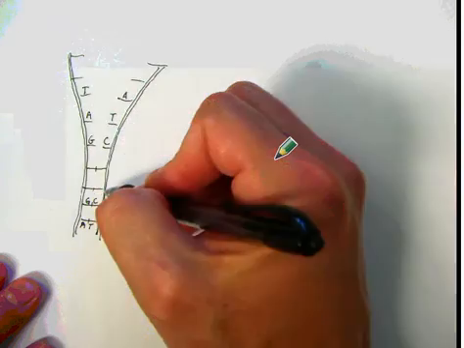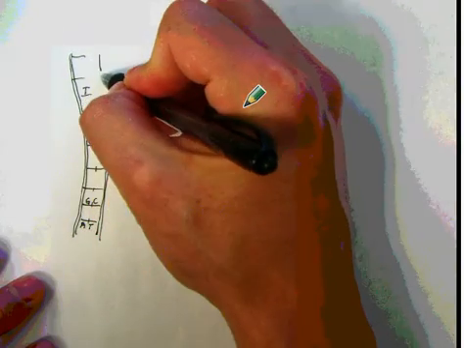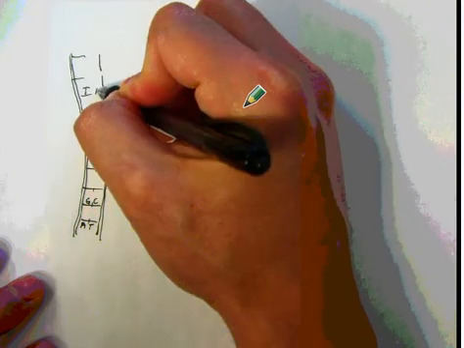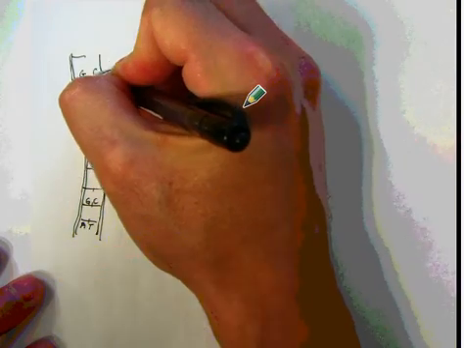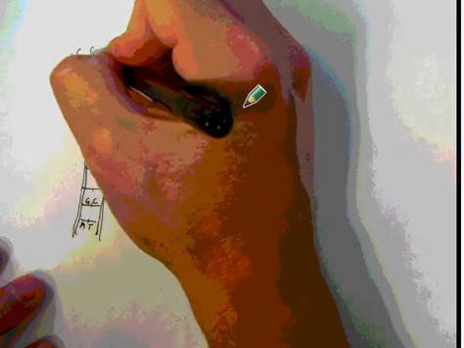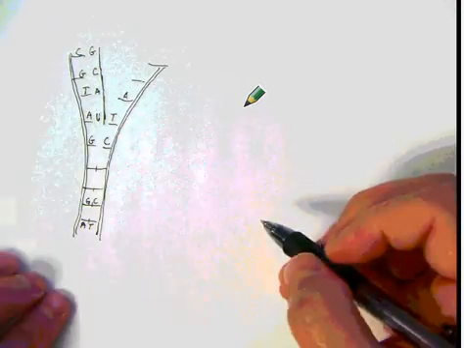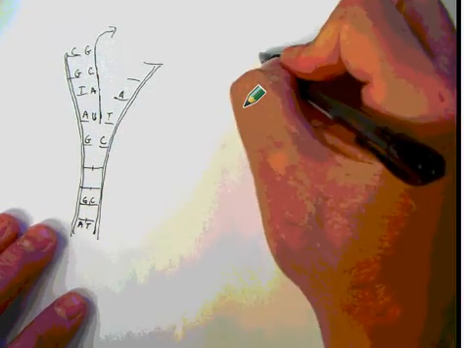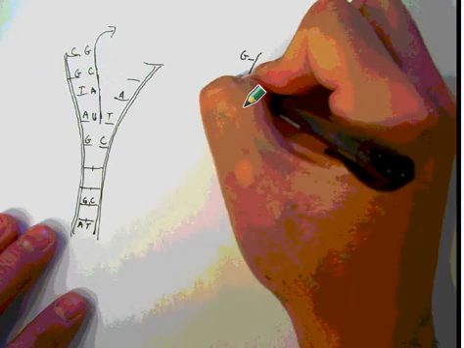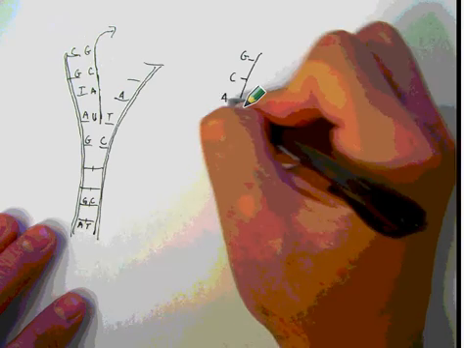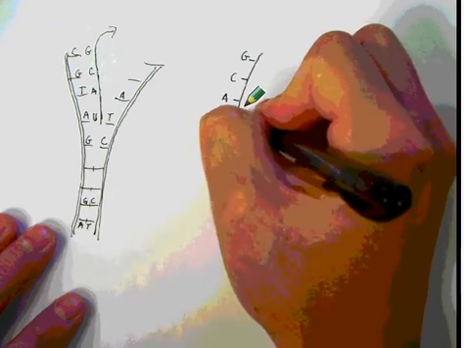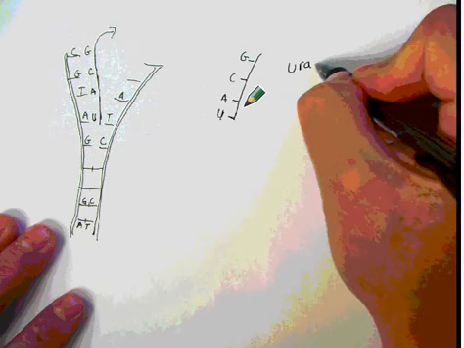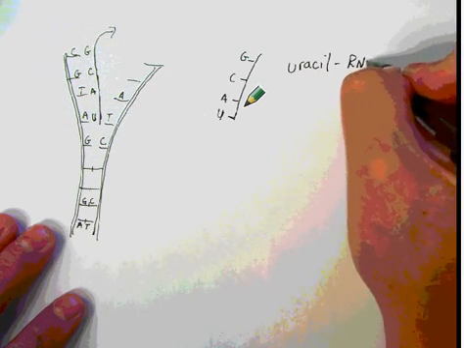If I unzip this, I can make a temporary copy and you'll notice if I pull this copy out in a way, it becomes G, C, A, and U. And now I mentioned uracil is only found in RNA.